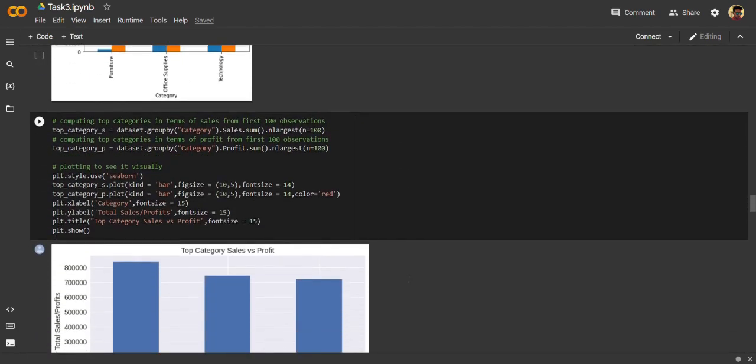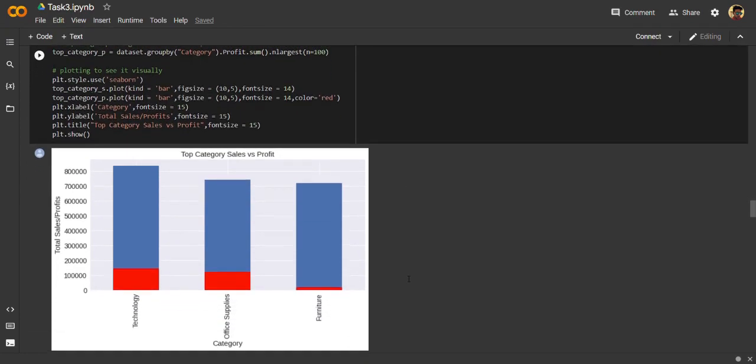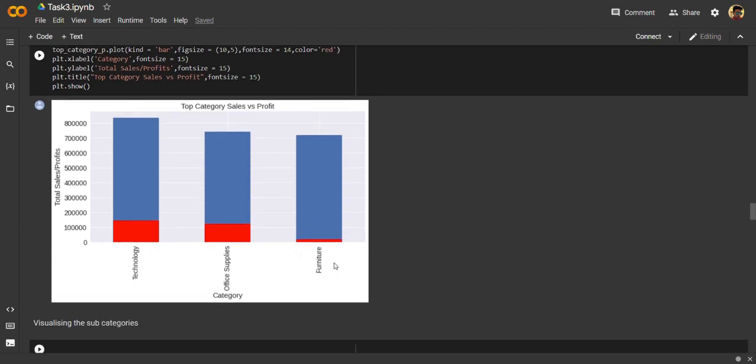Next I've used category sales versus profit. In this we can see that technology is giving the highest profit amongst all the other categories. And we can see furniture has given the least profit, with its sales being not much different from office supplies and technology, but the least profit.